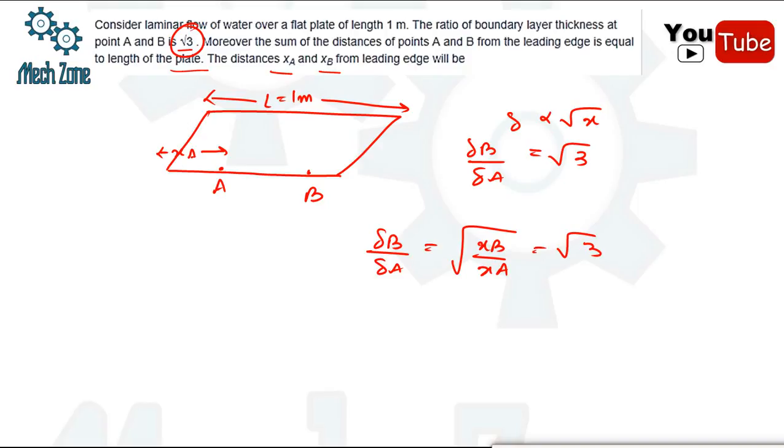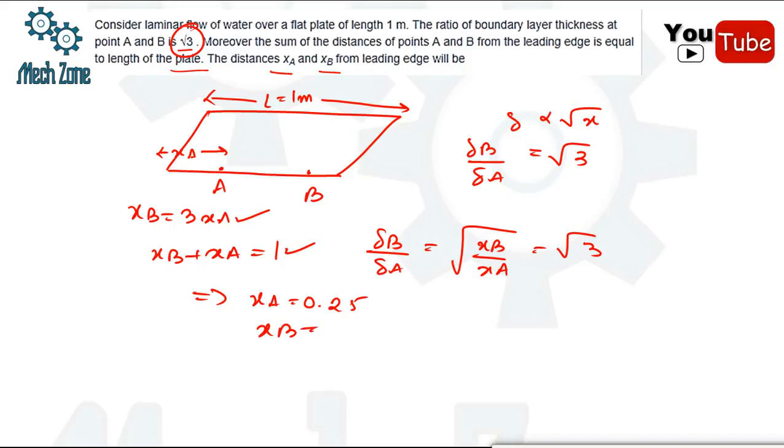So we can have XB equal to 3 times XA, and XB plus XA equals 1. We have two equations and we will solve them simultaneously. XA is coming out to be 0.25 and XB is coming out to be 0.75 meters.